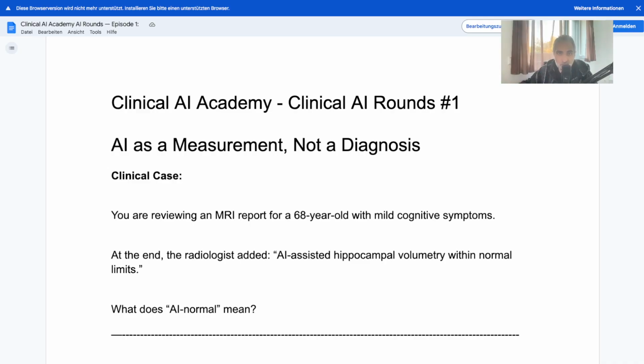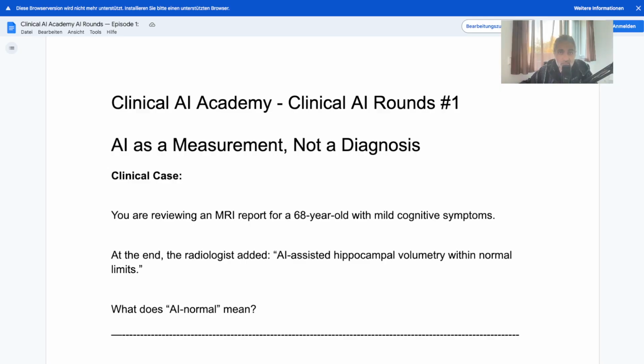You could look at it as a lab value that has not much meaning without the mighty clinical correlation. So the AI metric in this case needs interpretation.